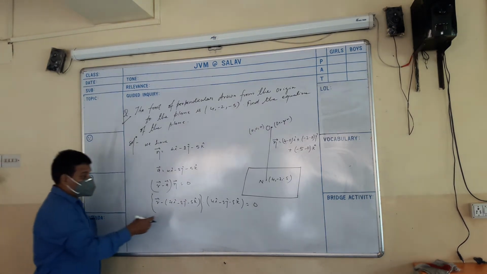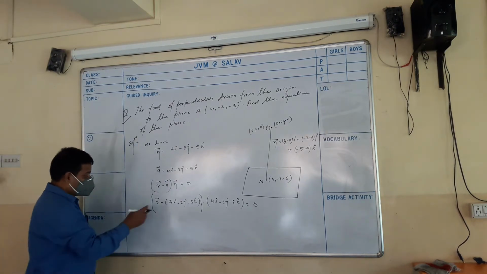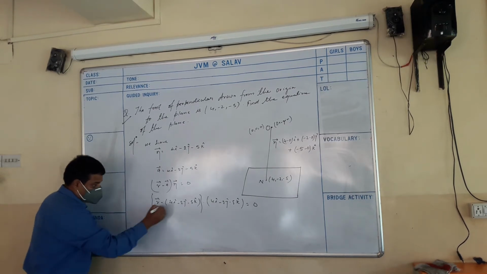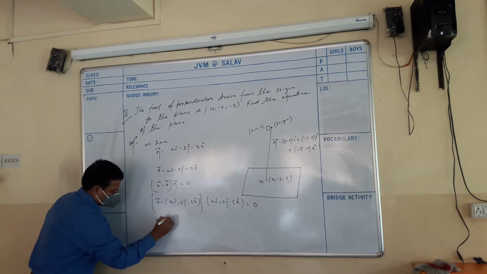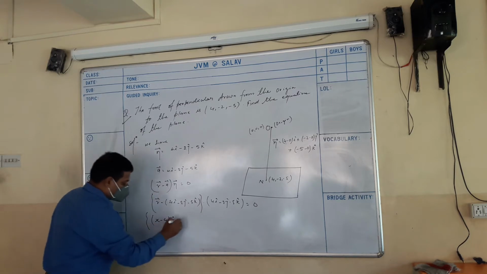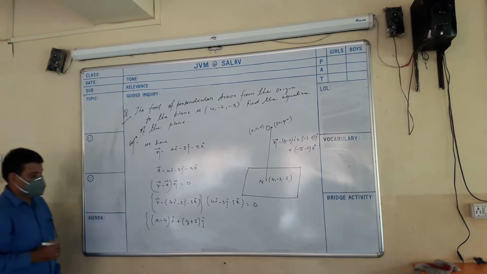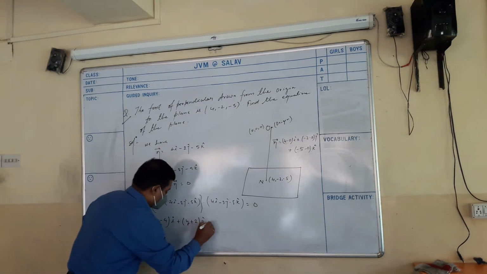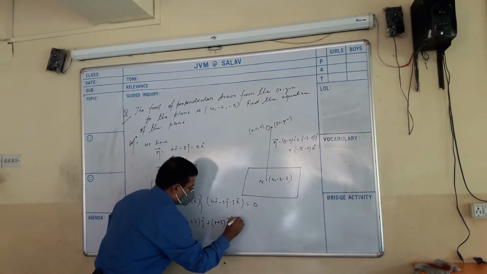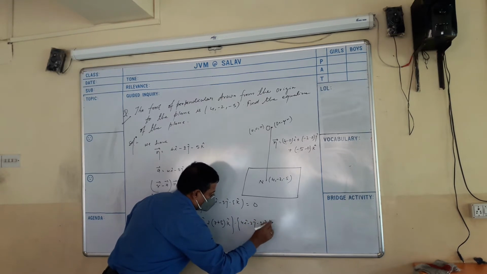Now if you want to convert to Cartesian form, then what will it be? (x minus 4) i, then (y plus 2) j, (z plus 5) k, dot 4i minus 2j minus 5k equal to 0.